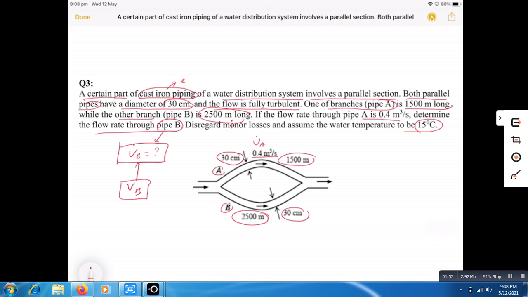If you assume this is point 1 and this is point 2, and you write the energy equation between point 1 and point 2, the energy at point 1 equals the energy at point 2 plus energy loss. Because we have two pipes, A and B, the head loss in pipe A will be equal to the head loss in pipe B.